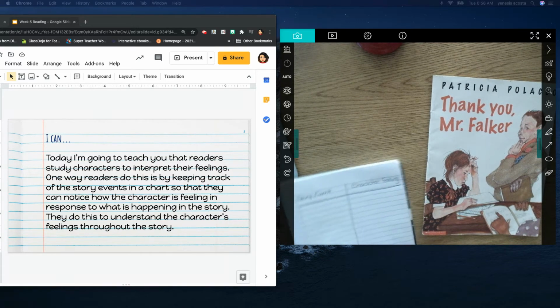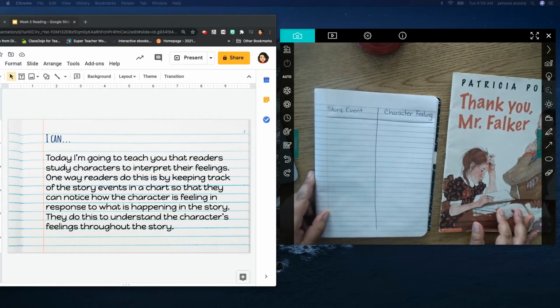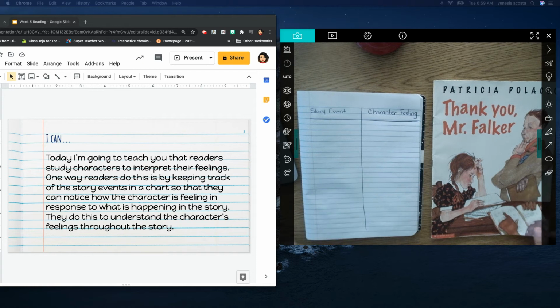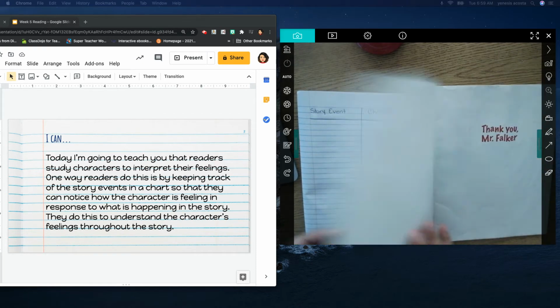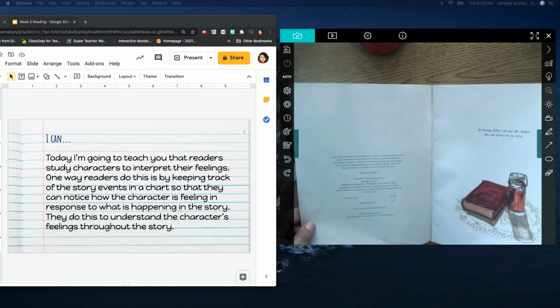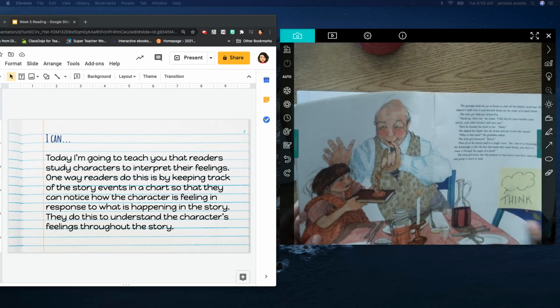I'm going to look back over the story to notice events and specific actions. Then I'll think about how she was feeling in response to that event. Going to turn to page 2.